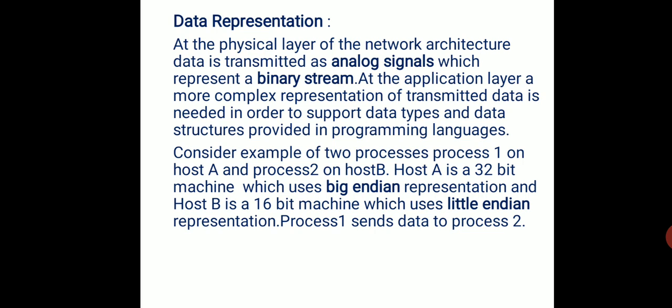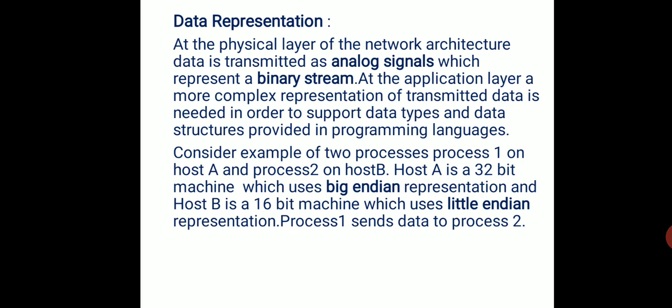Here there is one example. There are two processes, process 1 on host A and process 2 on host B. Host A is a 32-bit machine which uses big endian representation. What is big endian representation? The most significant bits are stored in the higher memory location, and in little endian, the most significant bits are stored in the lowest memory location.